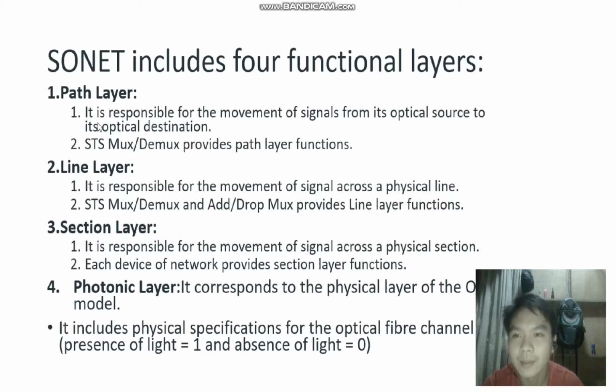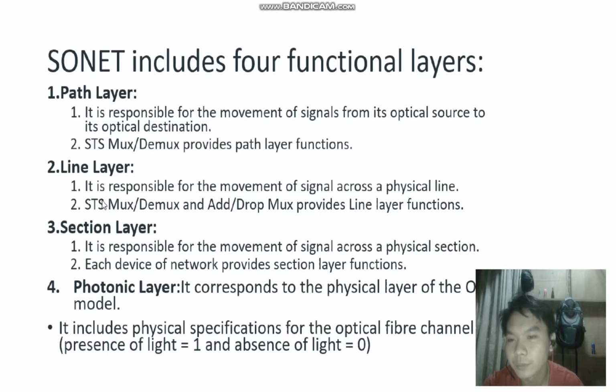So first, the path layer. It is responsible for the movement of signals from the optical source to its optical destination. The STS mux or demux provides the path layer functions. Then number 2, the line layer. It is responsible for the movement of signals across the physical line.